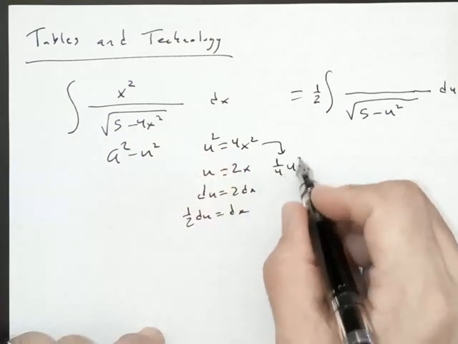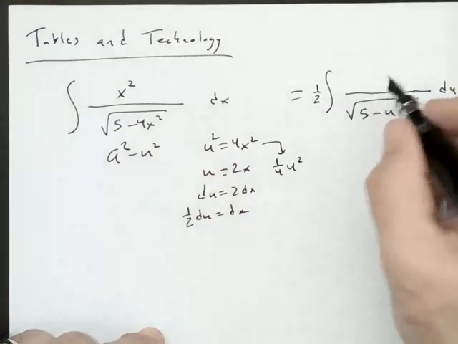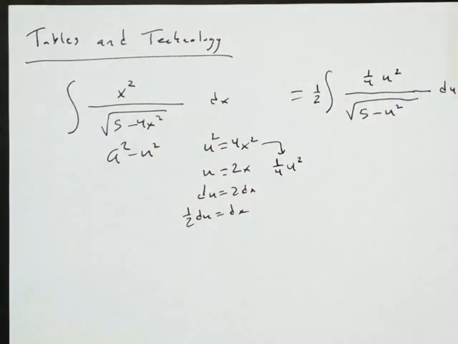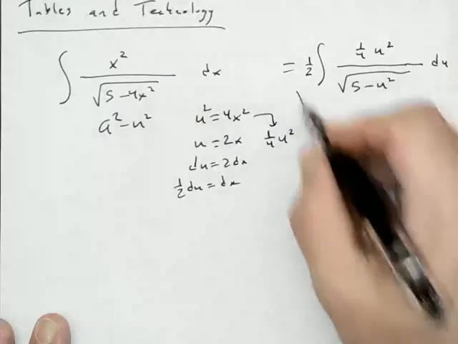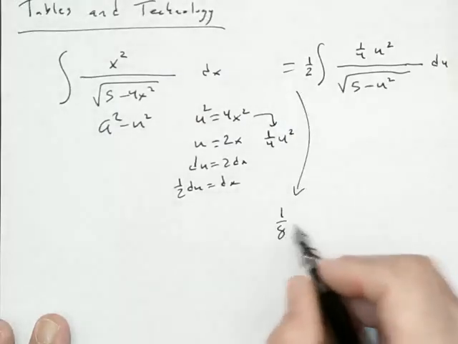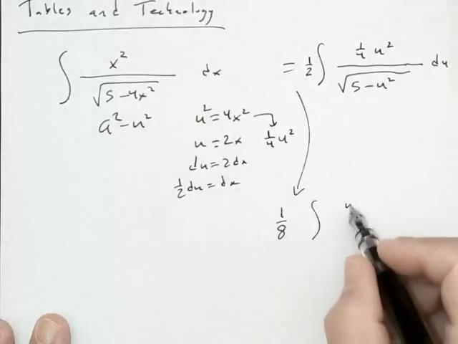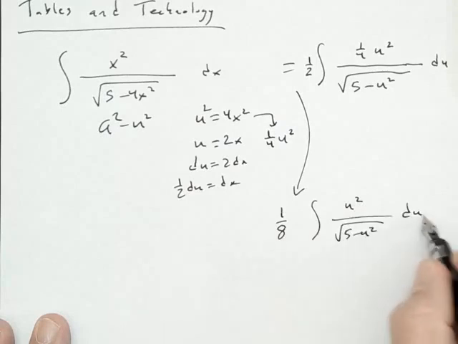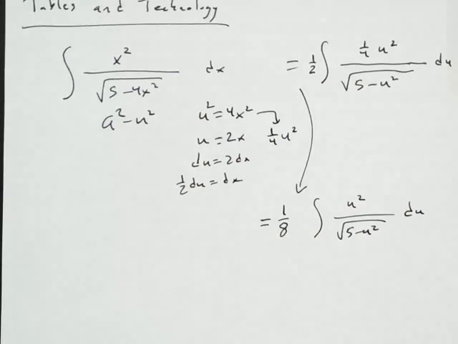So it'll be 1/4 u squared. So that means I'm going to get a 1/4 u squared. Wait a minute, I have a 1/4 and a 1/2. Let's make it a 1/8. And now I'm primed for trig substitution, right?